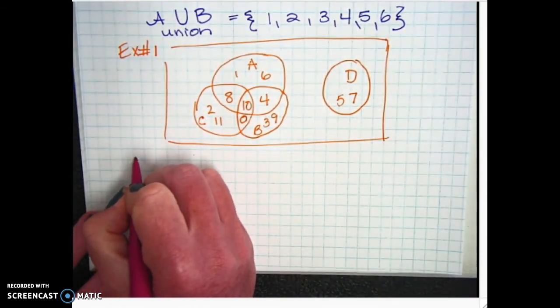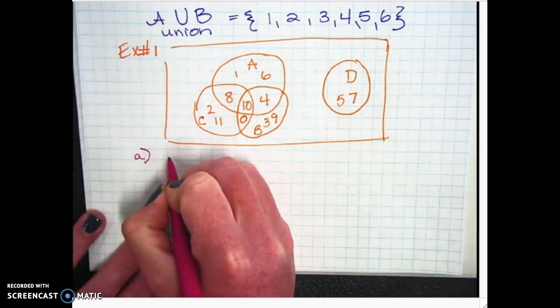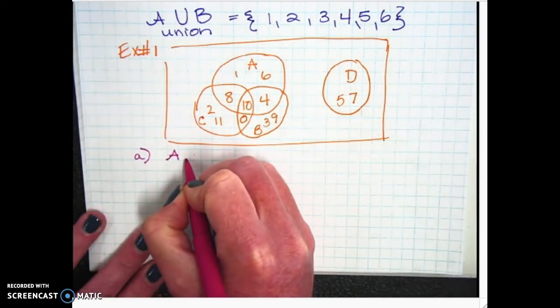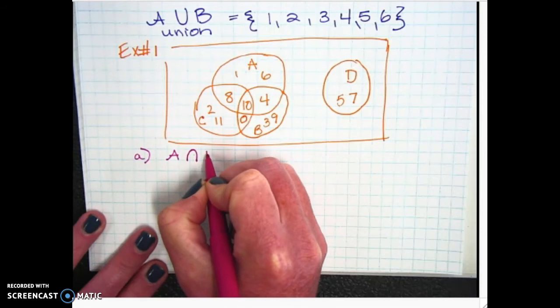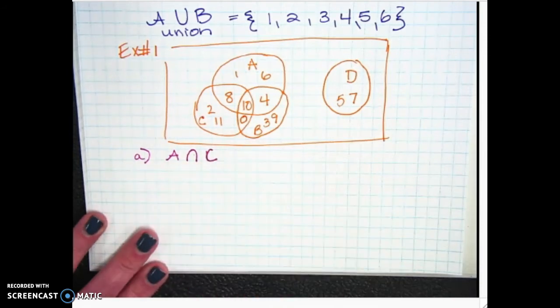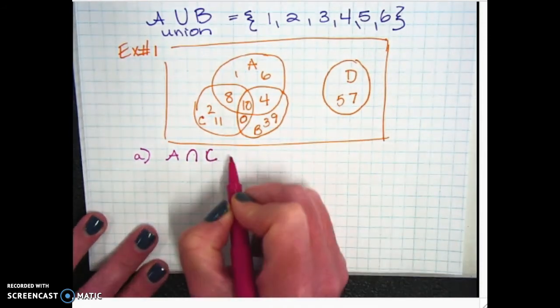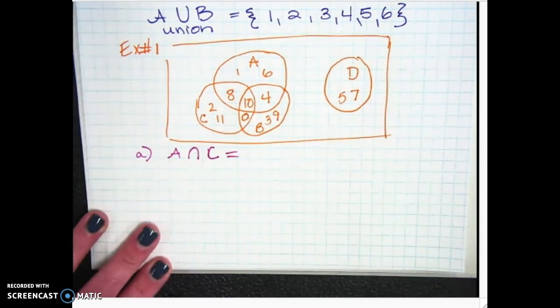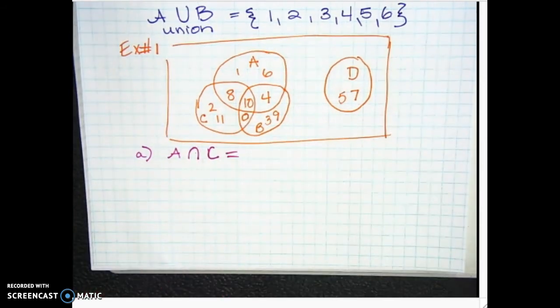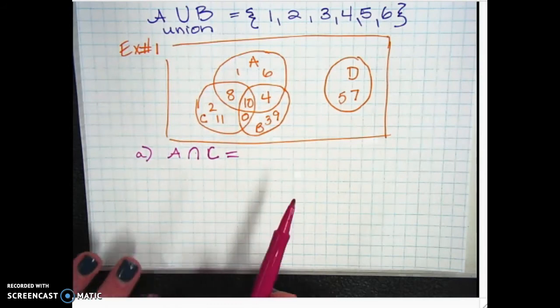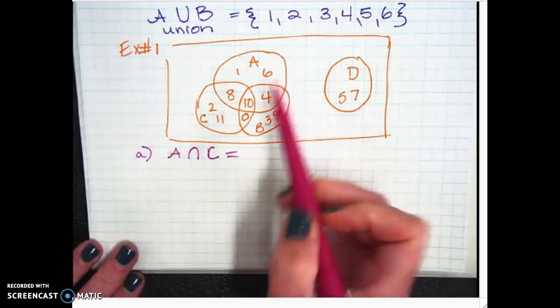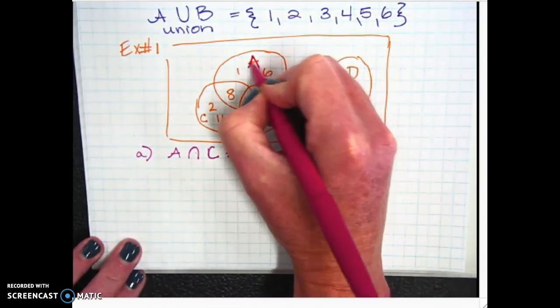Okay, so part A. We want the intersection of A and C. So let me make these a different color.